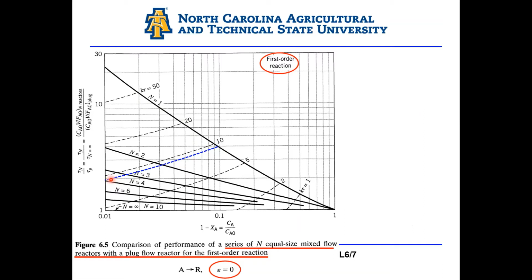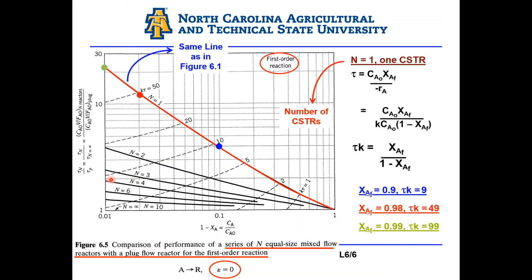Let's just recap quickly. We're looking at this chart. The solid lines show the number of CSTRs, and the dashed lines show the reactor volume. The y-axis is the ratio of the volume of a CSTR to the volume of a PFR, and the x-axis is 1 minus XA, which is 1 minus conversion.